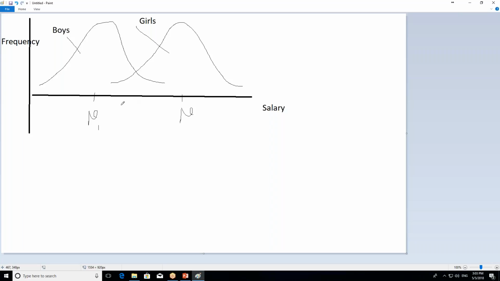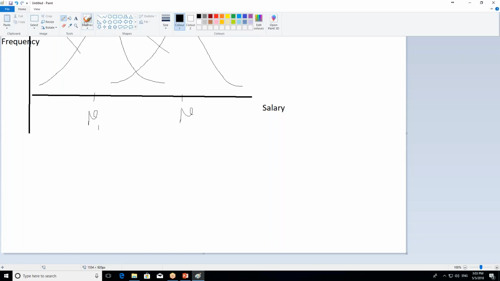How the strength of the difference is evaluated, this is what we are going to understand. Boy salaries and girl salaries all together are coming from one population, isn't it? The population is salary.